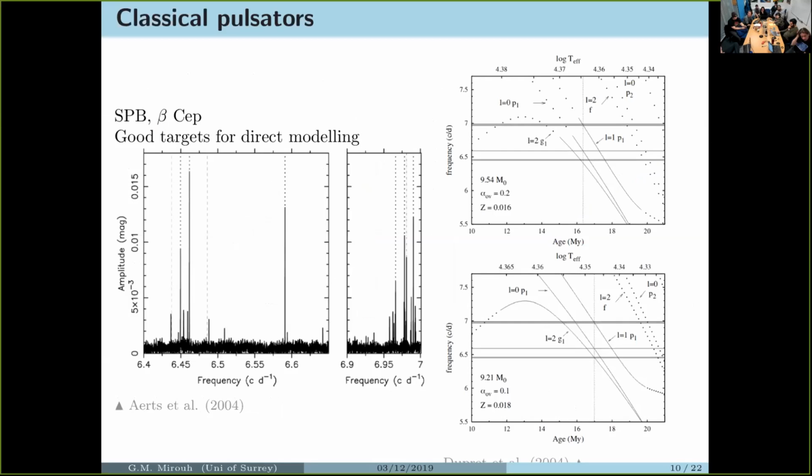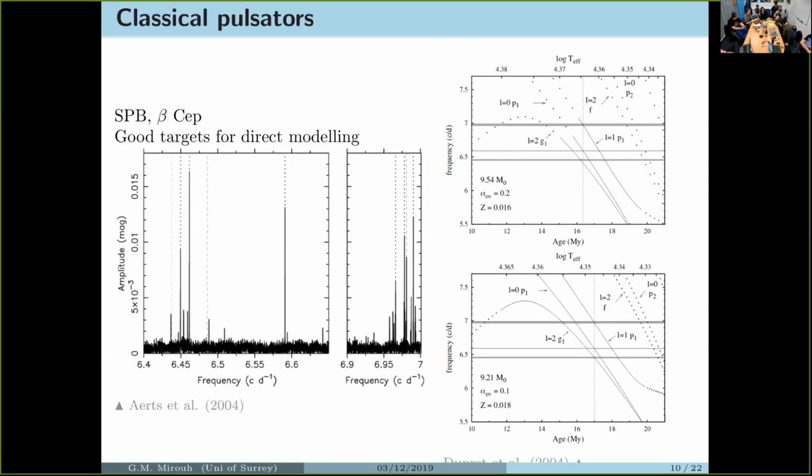Then SPB stars and beta Cep stars usually have few modes. So they're not really good for any pattern-like analysis, but they're good for direct modeling. On the left here, you have the observed spectrum of HD 129929. I didn't put the phone number there. The gray dashed lines are not independent frequencies.